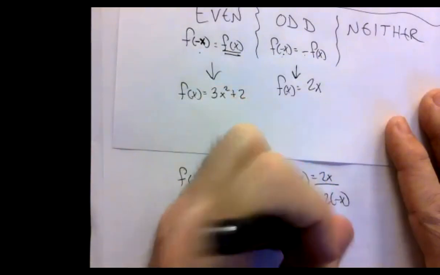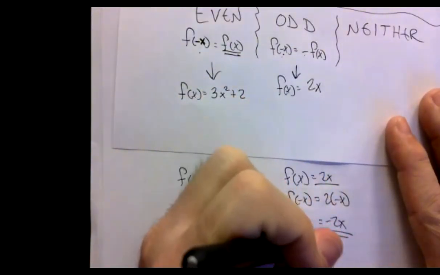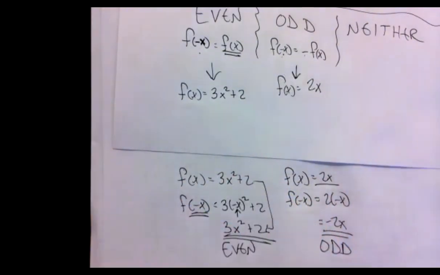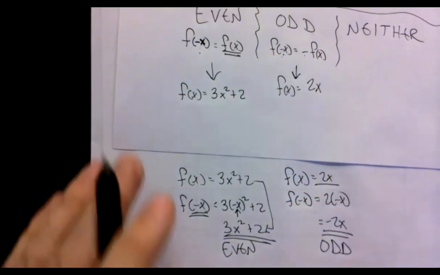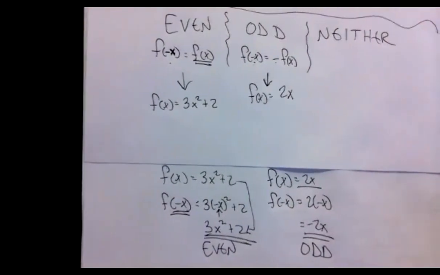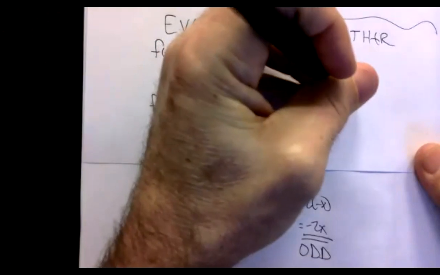So I end up with a completely opposite function. This is an example of an odd function. And then anything else would be an example of a neither.